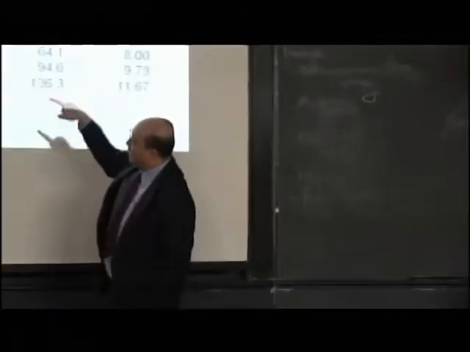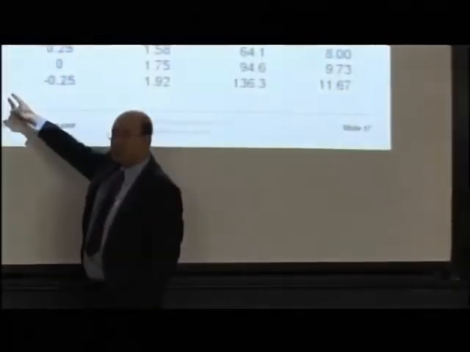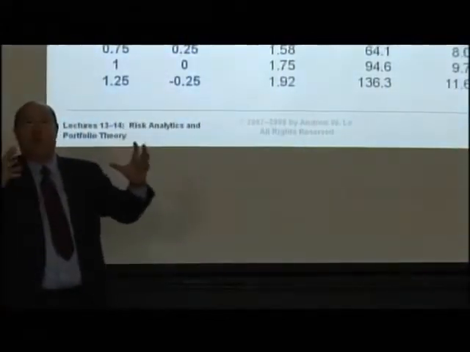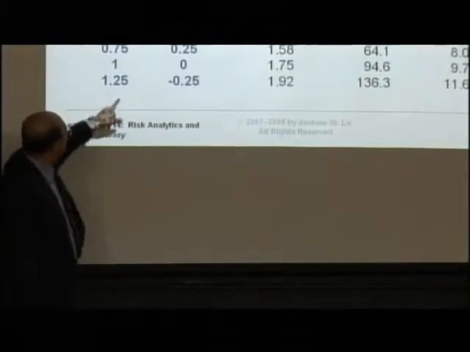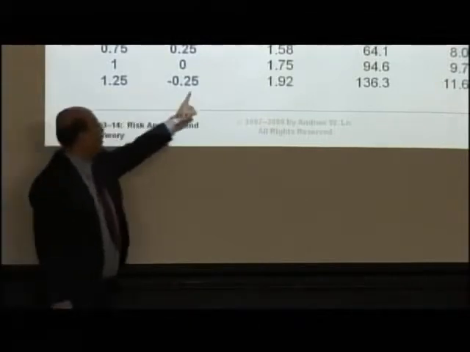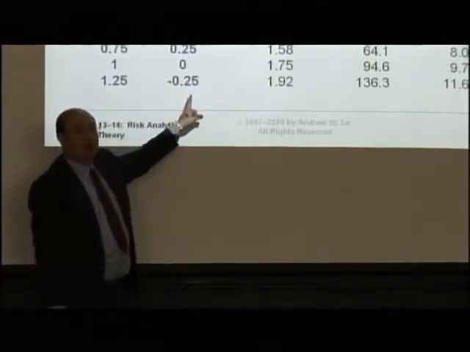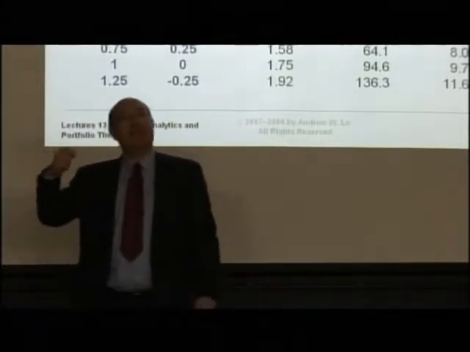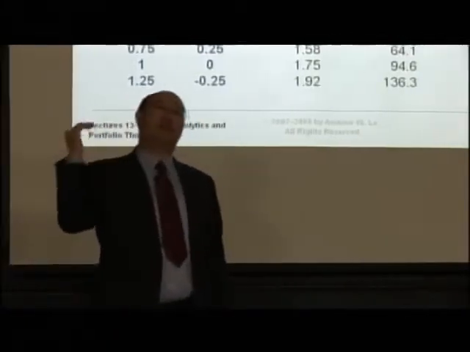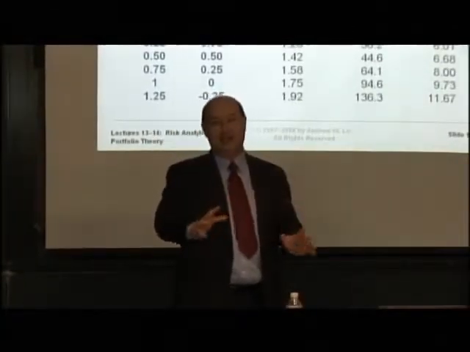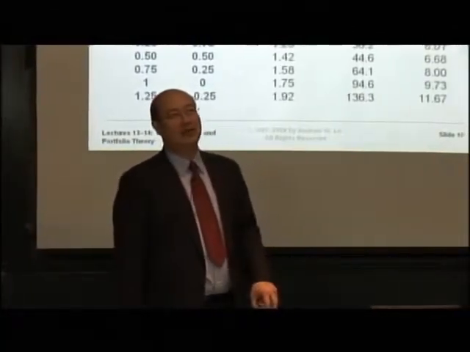Now, interestingly, I put here one more case which lies outside of the band of 0, 1. This is a case where you've put 125% of your wealth into Motorola, and you've put negative 25% of your wealth into General Motors. Remember we talked about this at the very beginning? You're using short selling to short sell General Motors, which you might think is not a bad idea nowadays, given how troubled they are.